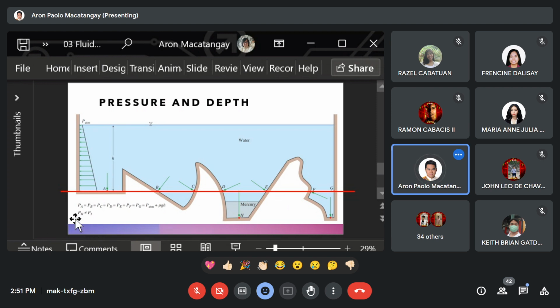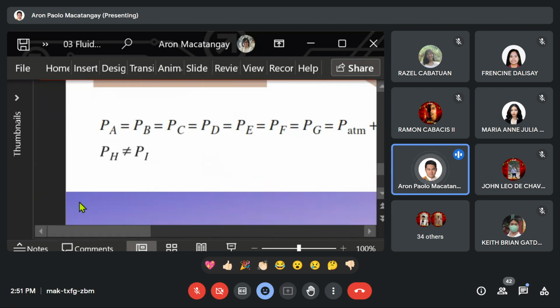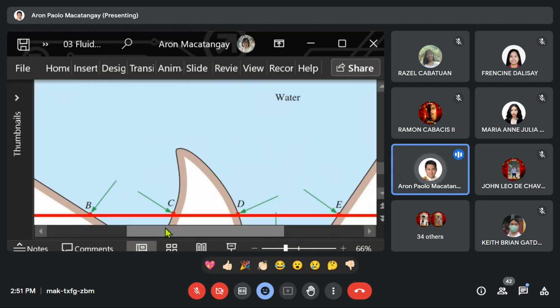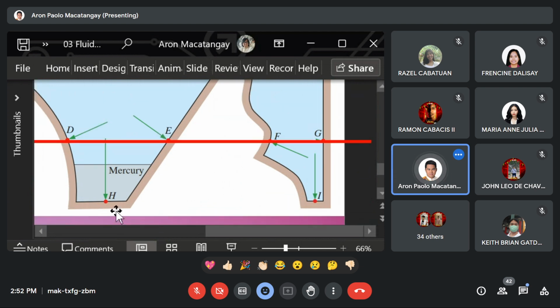Pero, tignan nyo dito, point H and point I. So, sa point na to, same sila ng height, di ba? Pero, if you will look at this, ito kasi mercury yung fluid.